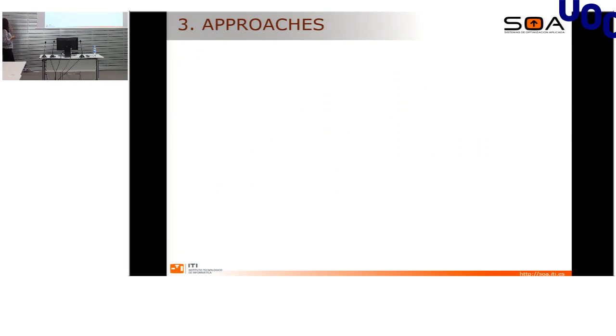So before introducing our approaches, we need to know the input data we need to solve the problem. We need the yard configuration.